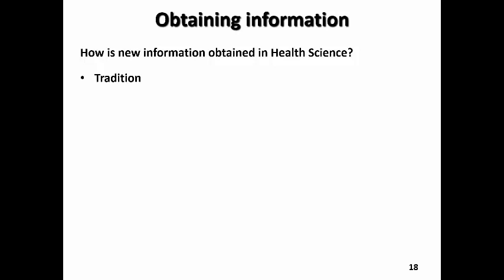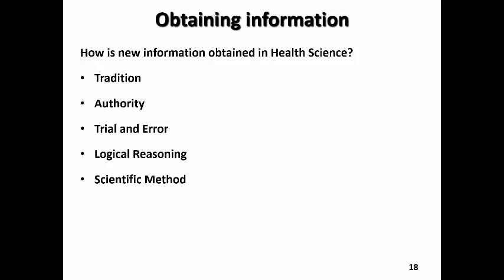The first is referred to simply as tradition. The second is authority. Trial and error is our third. Logical reasoning, as I pointed to just a few seconds ago, that we'll discuss in this video, is the fourth one, and the fifth one is the scientific method.